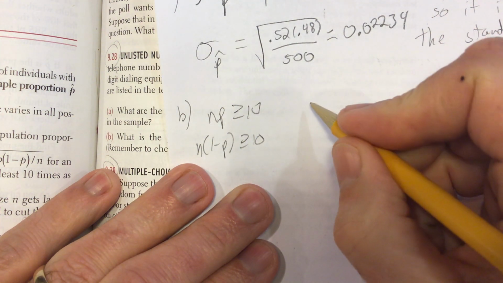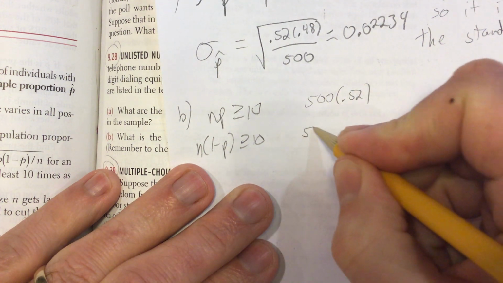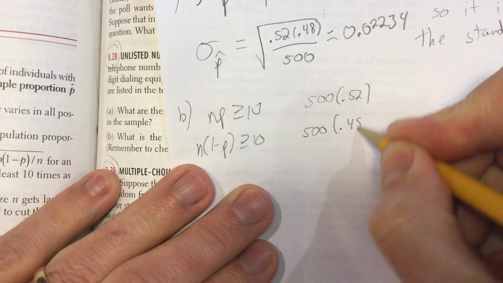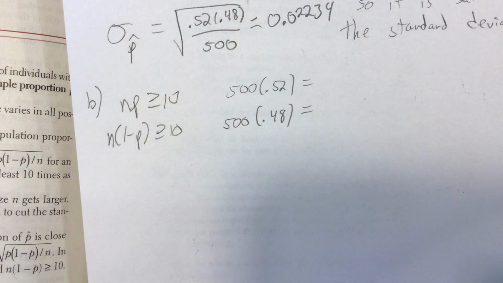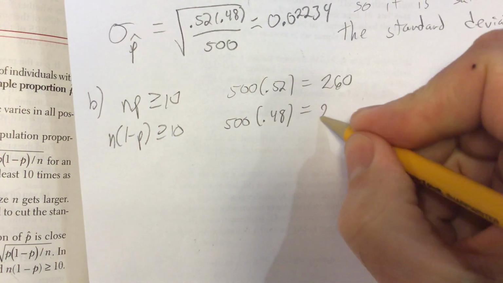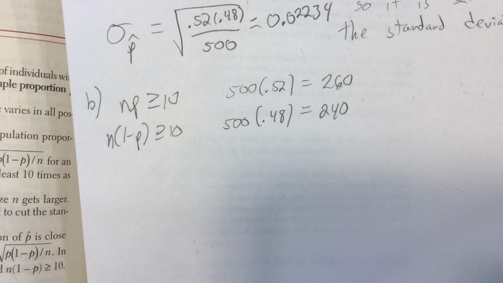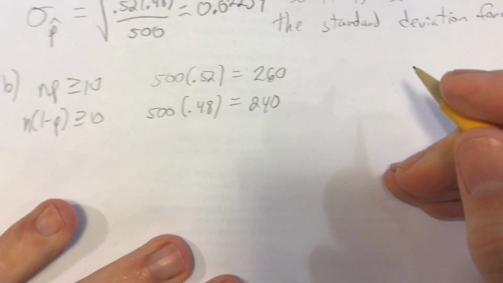So we've got, okay, again, both these counts are at least 10. So it's safe to assume an approximately normal distribution.